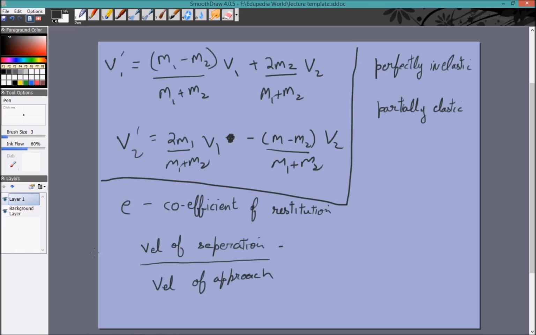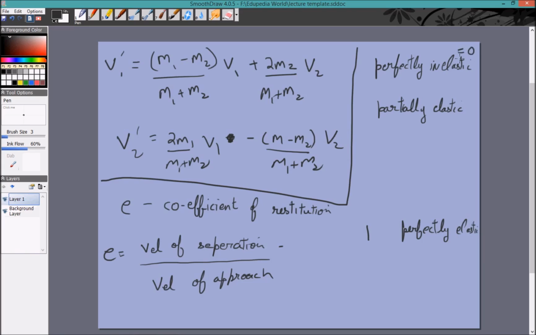Right, this is E. And this is equal to 1 for perfectly elastic. We just derived that.